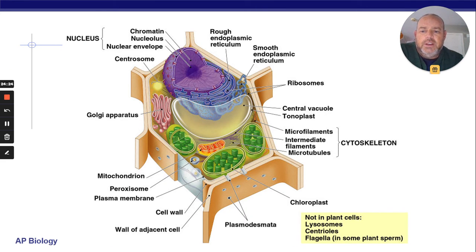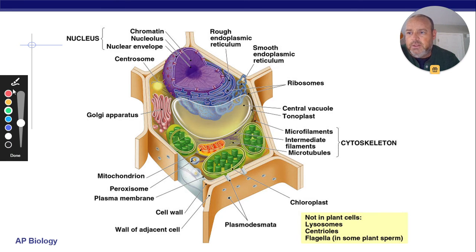So here is just a refresher of a plant cell, and most of the organelles are the same. There are a few differences. If you look at this, nuclear envelope, nucleolus, chromatin, nucleus, all the same that we've talked about. Rough ER, smooth ER, ribosomes.